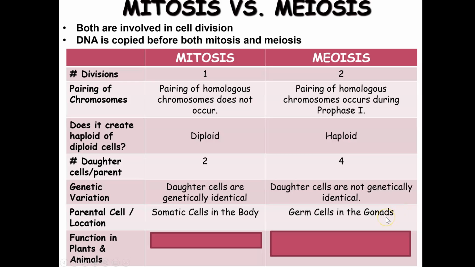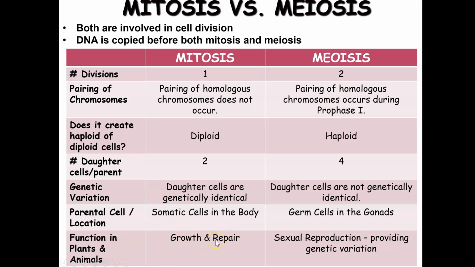Okay, this is to produce sex cells, within the ovary and the testes, to produce sperm cells and egg cells. And what is the function of mitosis? It is growth and repair, and the function of meiosis is sexual reproduction and providing genetic variation.